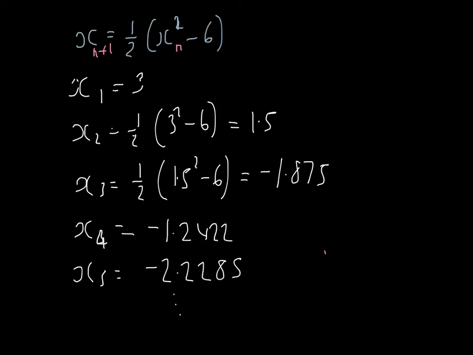Now this sequence is not converging. If you keep pressing equals, you'll find that it's just actually a divergent sequence, so this time we don't actually lead to the solution.